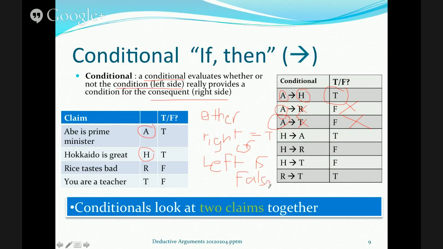Or we can say that another way. This type of argument is true in every case unless the left side is true and the right side is false.